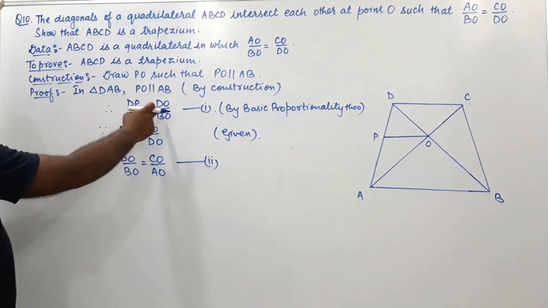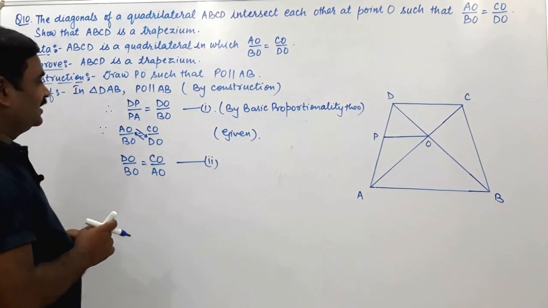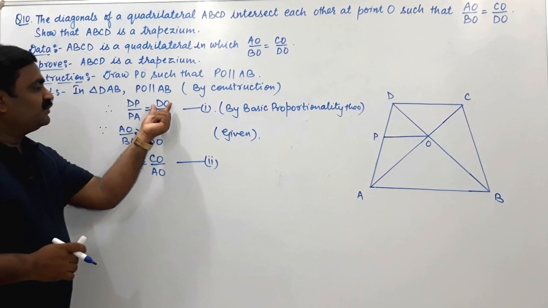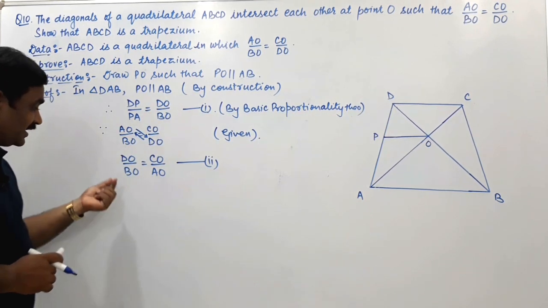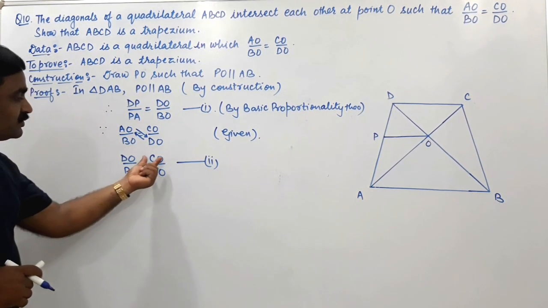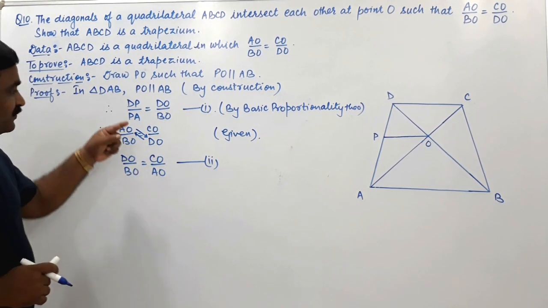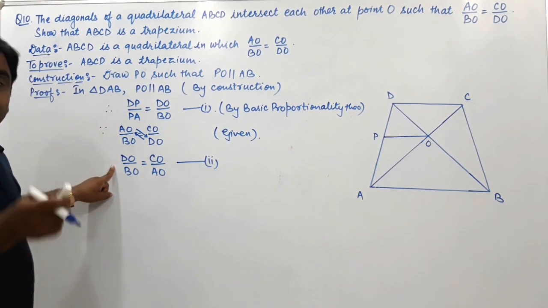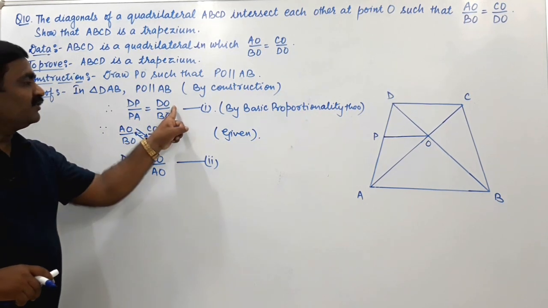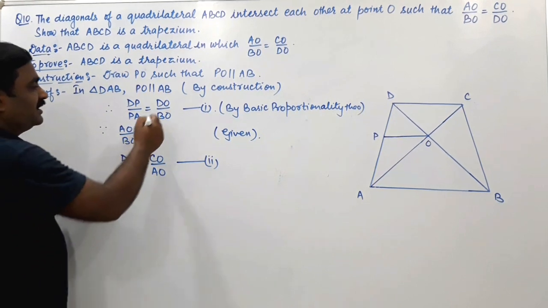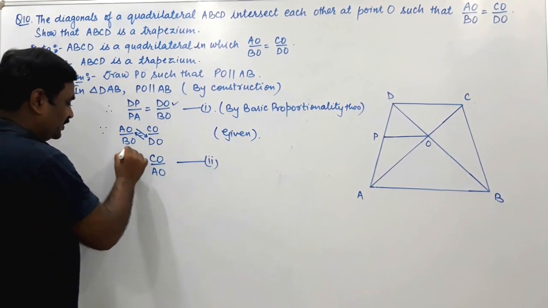तो अभी ये फर्स्ट और सेकेंड इक्वेशन को हम कंपेयर करते हैं। This first DP upon PA is equal to DO upon BO, और in second DO upon BO equals CO upon AO. तो इस फर्स्ट और सेकेंड इक्वेशन में कॉमन क्या मिल रहा है हमें? We are getting the common DO upon BO, they both are common in both the equations.